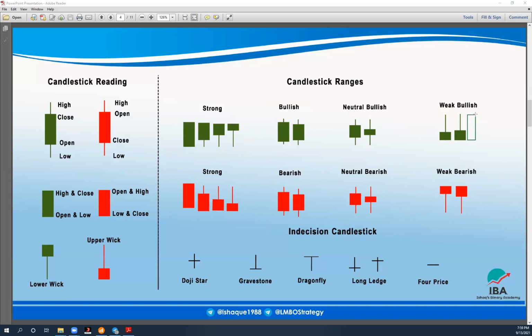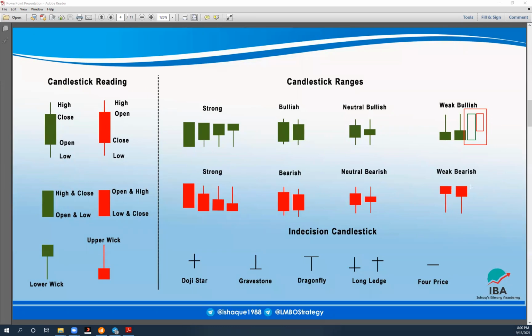The buyers moved till this area, right? And then who rejected? The sellers moved. The buyers were rejected by the sellers, right? Which pattern is this? A dark cloud cover.